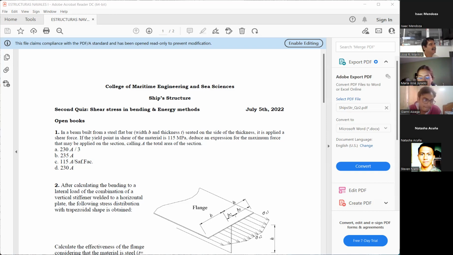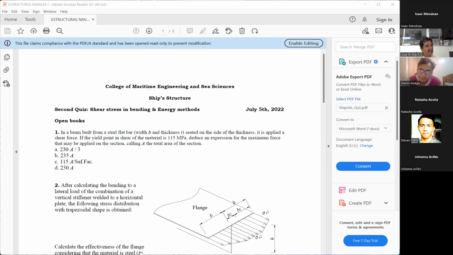Miss Avilés, how do you call the middle, as Mr. Aizaga says? The middle of the flat bar, the middle section. No. The middle section is when you see in the other direction, in the x-axis, then you call it midships.